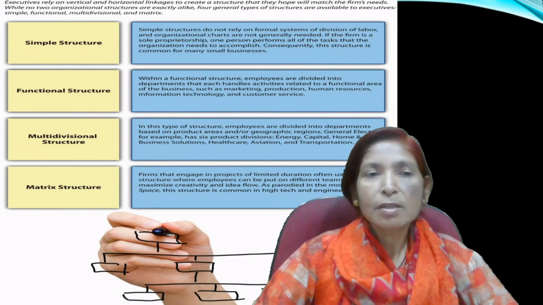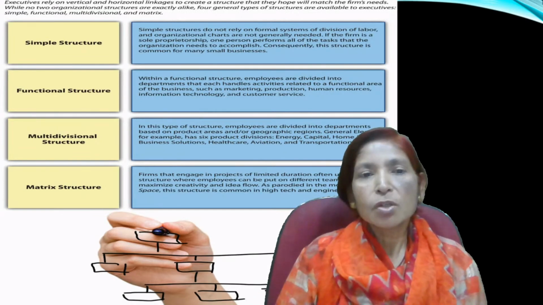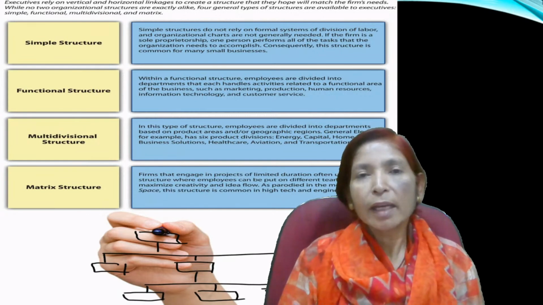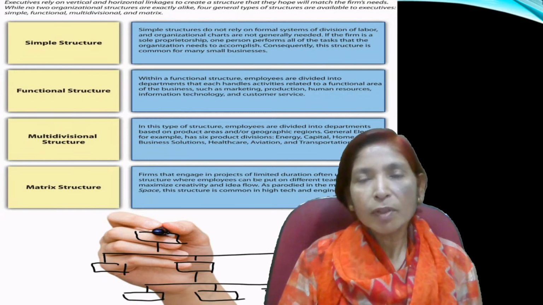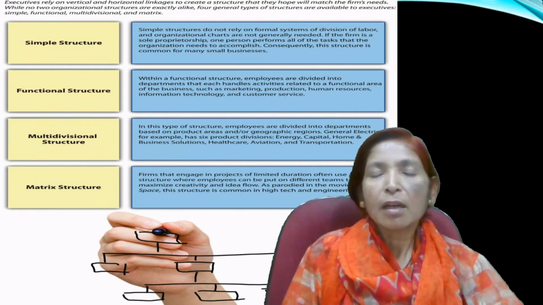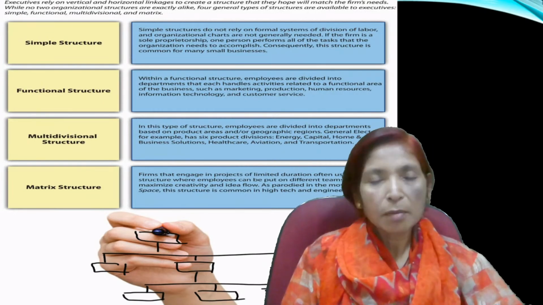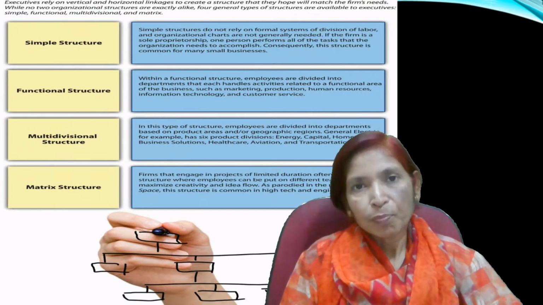In this functional structure, we can divide employees into these departments so that they can easily handle all those activities which are related with their department very smoothly, and they can operate all business activities in a very efficient manner.